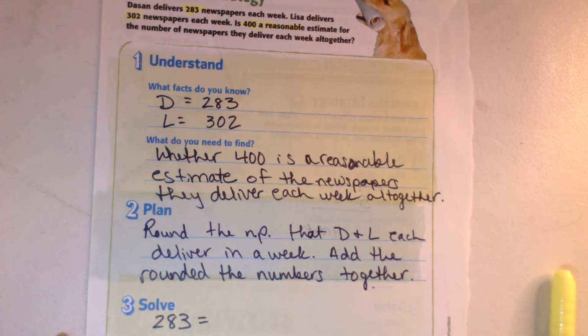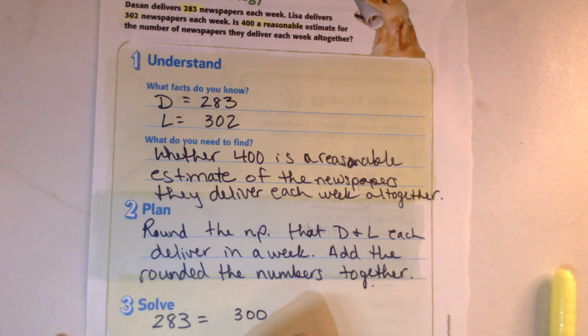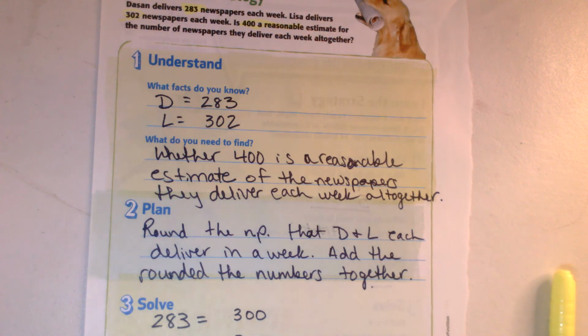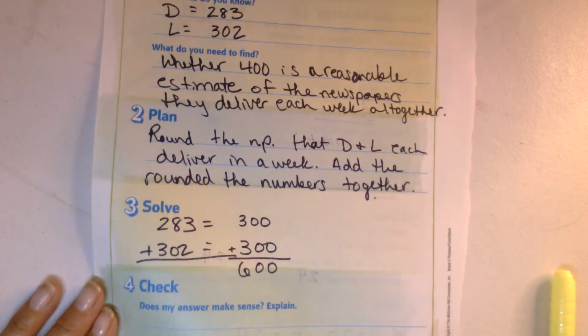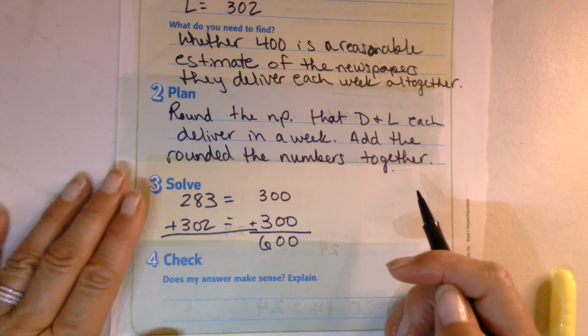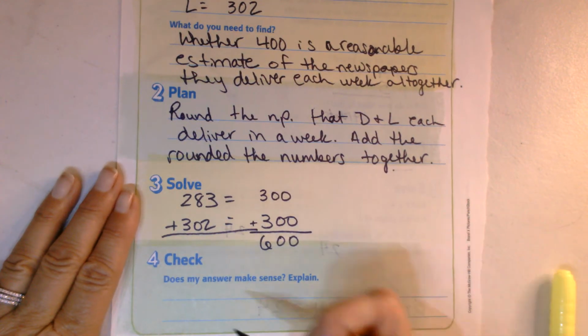Well, 283 rounds to 300, and 302 rounds to 300 also. So I would get a total of 600. Is that the same as 400? No, it's not. It's not even close, actually.